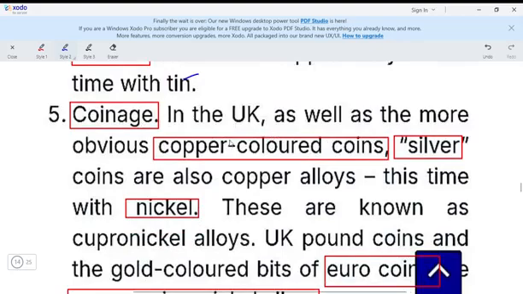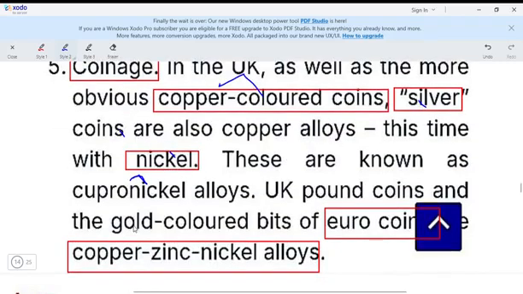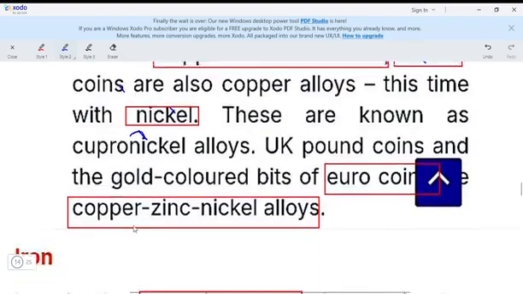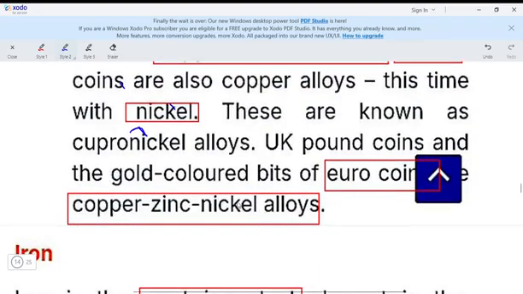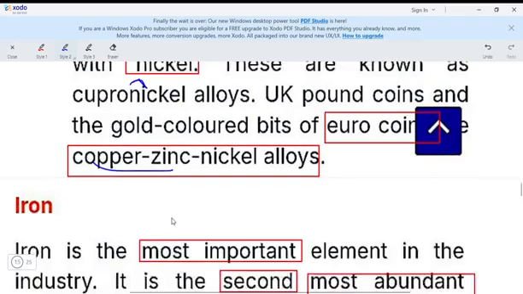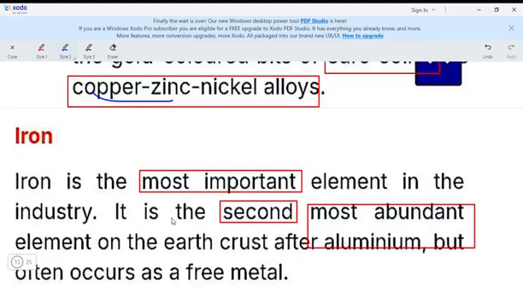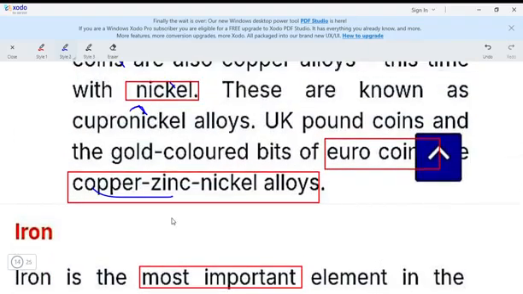There are some coins that we call copper colored coins. Some of them are silver coins, where they added nickel. So like copper nickel, you add copper and nickel together to make the coin. All these euro coins, UK pound coins, they added copper to them, zinc, nickel. So that is for copper. Thanks for listening.